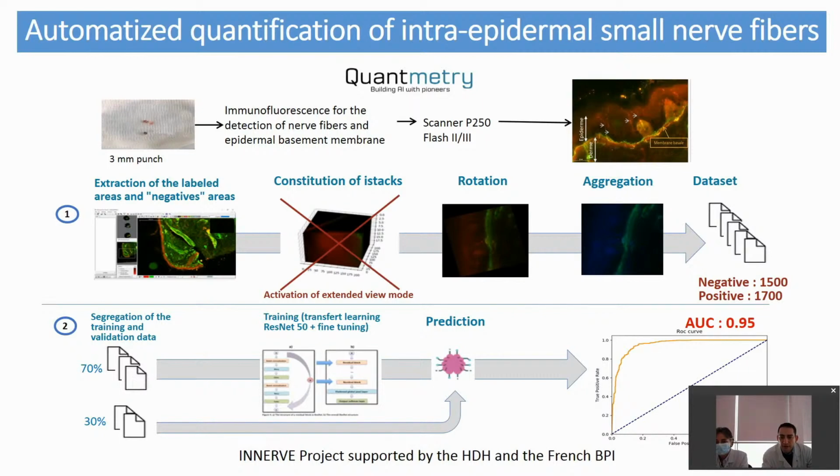We are now developing a software solution to enable as many people as possible to benefit from this exam. We hope to begin clinical validation this autumn on a cohort of patients with small fiber neuropathy.